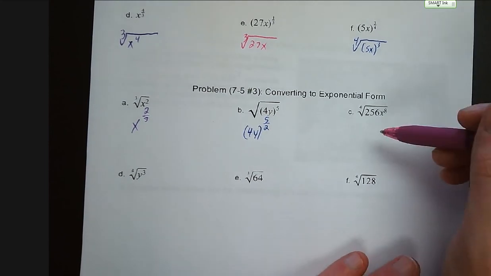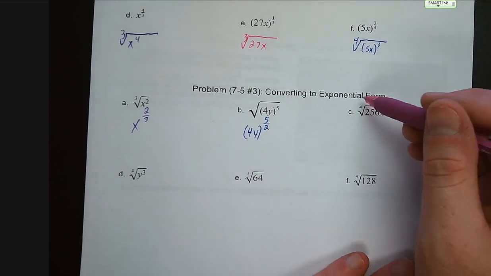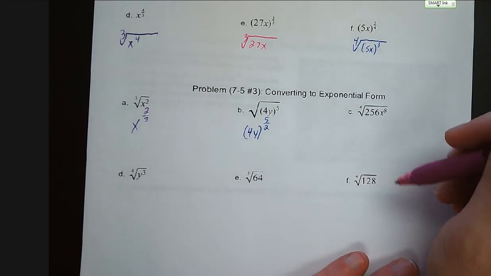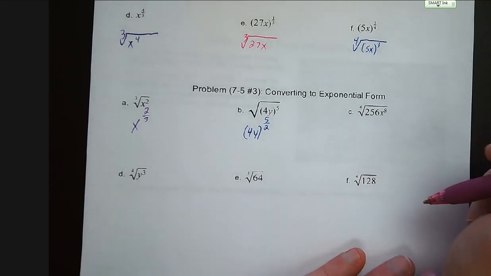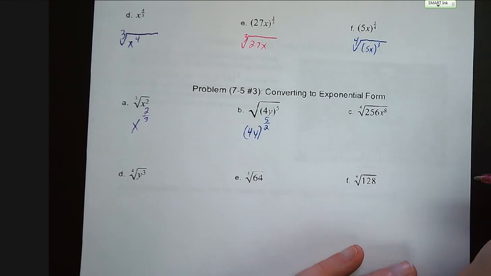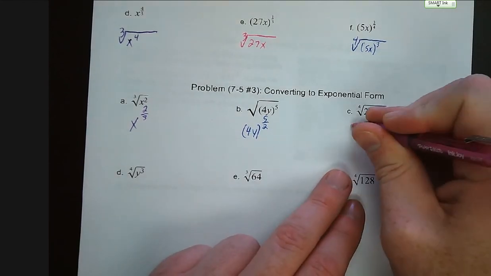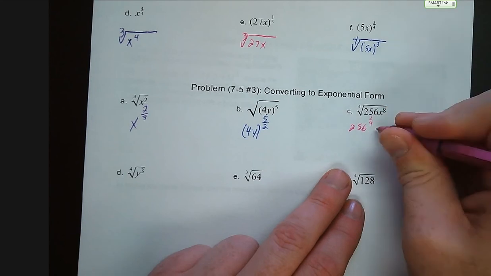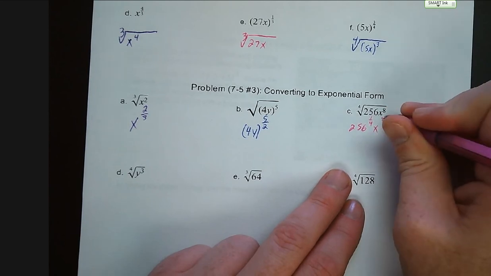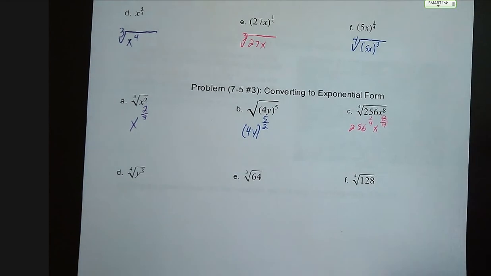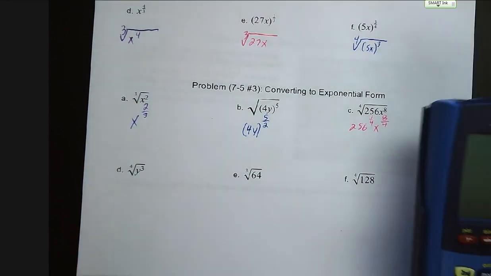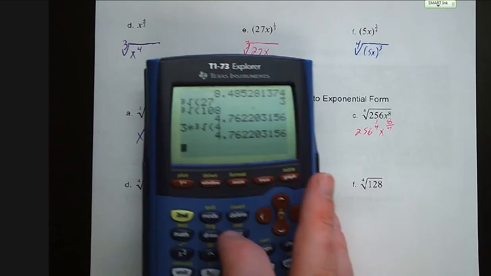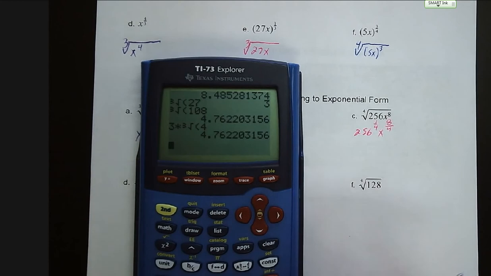Letter C, 256x to the 8th, to the 4th power. So we're going to have this in actually two different ways. We're going to have 256 to the 1/4, x to the 8/4. Well, let's just try this and see what we would get, and I'll show you also how to do the 4th root of something.